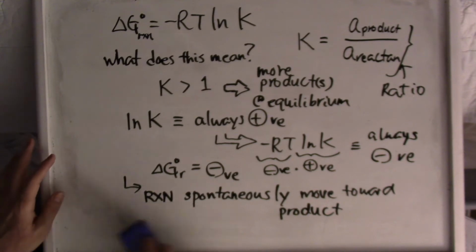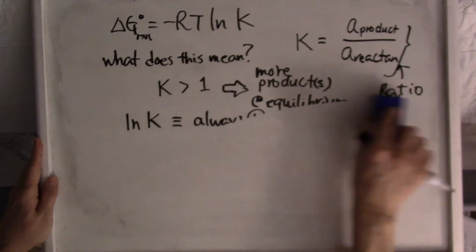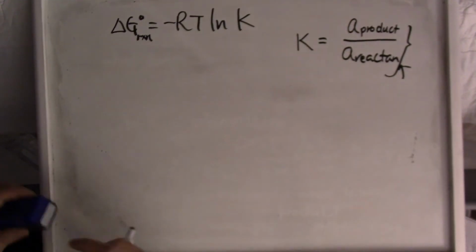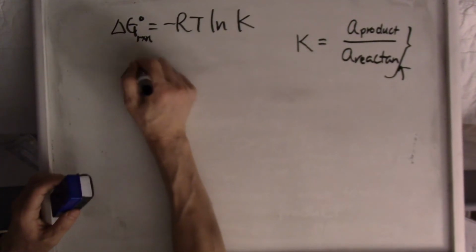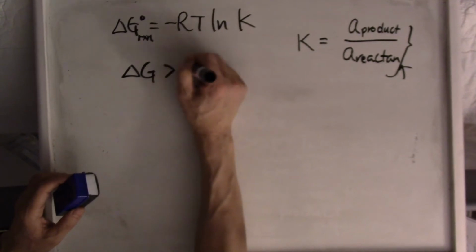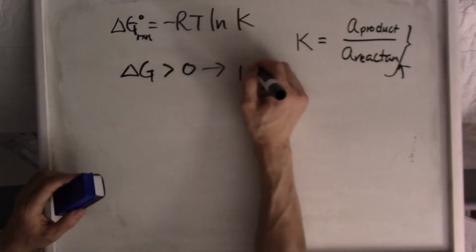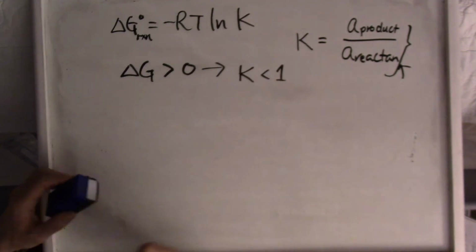So likewise, what does it mean if delta G is greater than 0? That means you have equilibrium constant less than 1.